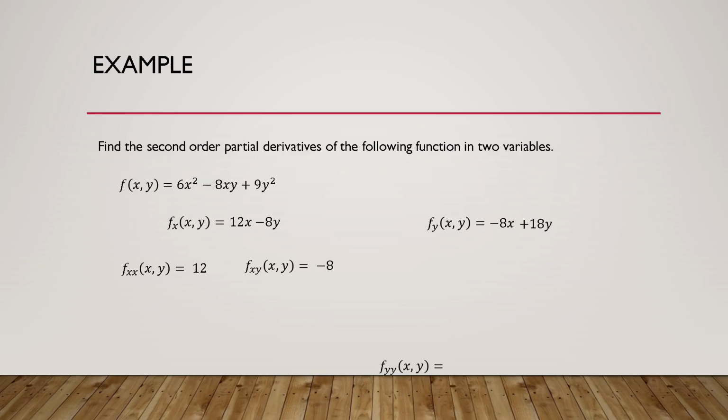For the second partial derivative with respect to yy, we start with the first partial derivative with respect to y and set the negative 8x term as a constant. The derivative of 18y is 18. Finally, for the second partial derivative with respect to yx, we set the 18y term as a constant. The derivative of negative 8x is negative 8. Note that the two mixed partial derivatives are equal.